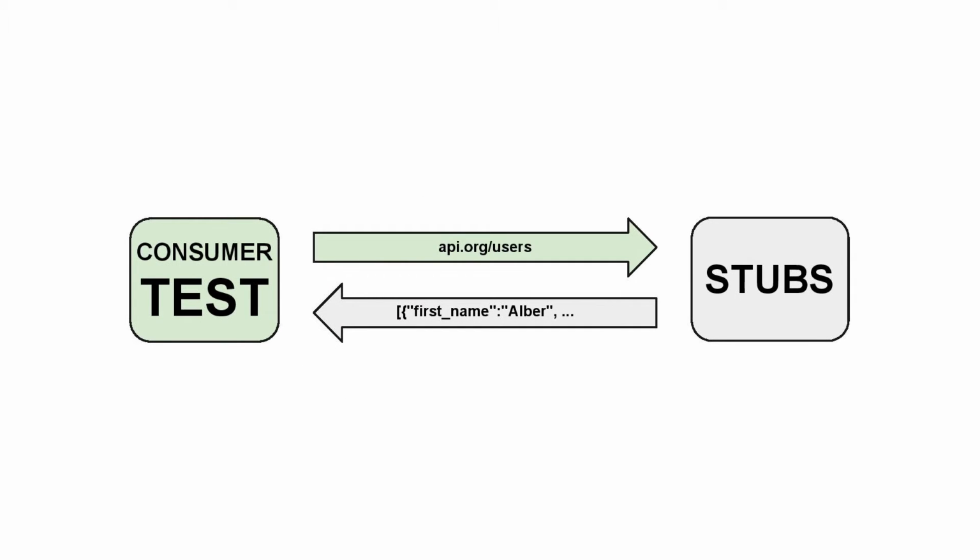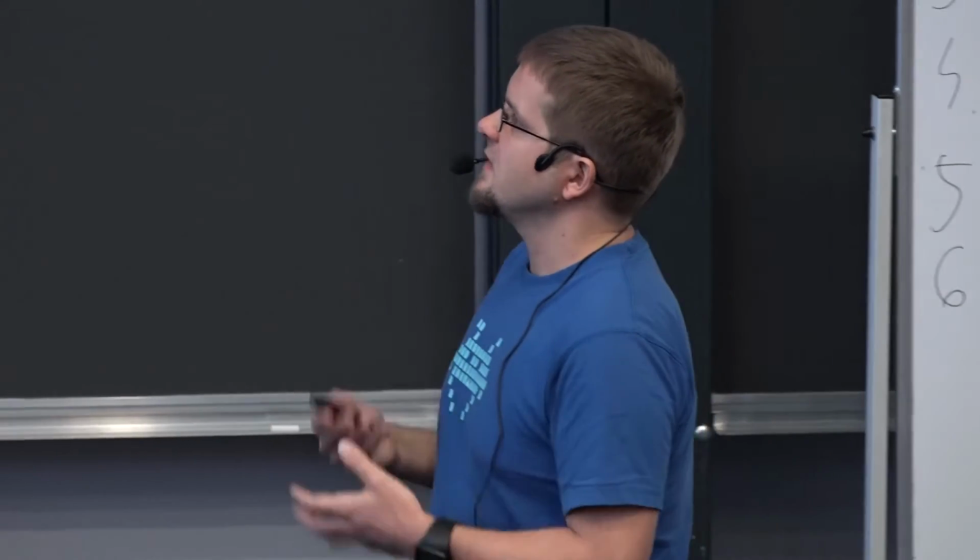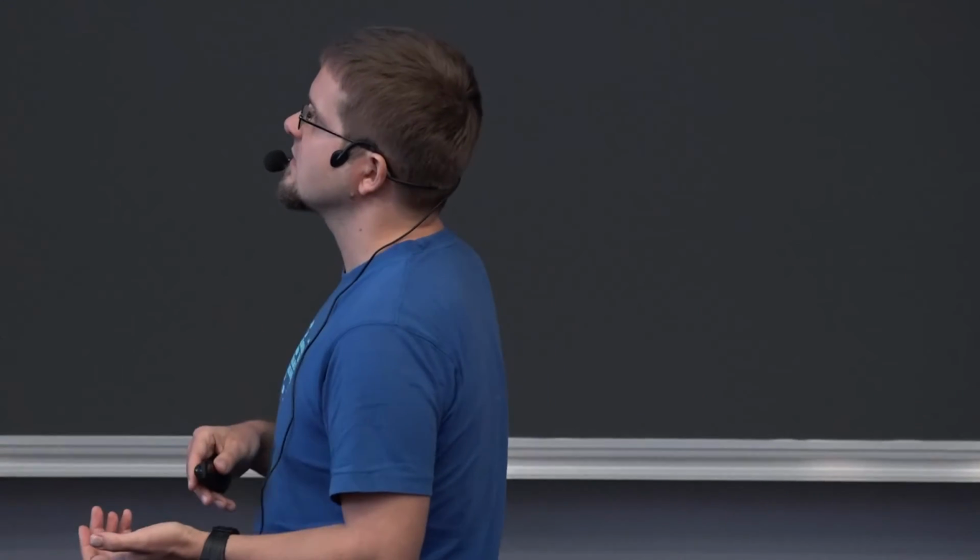Let's go back to consumer tests for a moment. We use stubs to trick our application. And it's fine, it's working, because as long as there is something which responds to the application's requests, it doesn't care. Everything can work as usual.